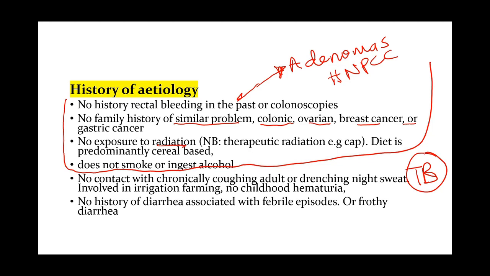Now, irrigation farming or childhood hematuria, you are talking about what? Schistosomiasis. Okay, so we've mentioned one differential diagnosis, tuberculosis, two differential diagnosis, schistosomiasis, no history of diarrhea associated with febrile episode. This is amoebiasis.